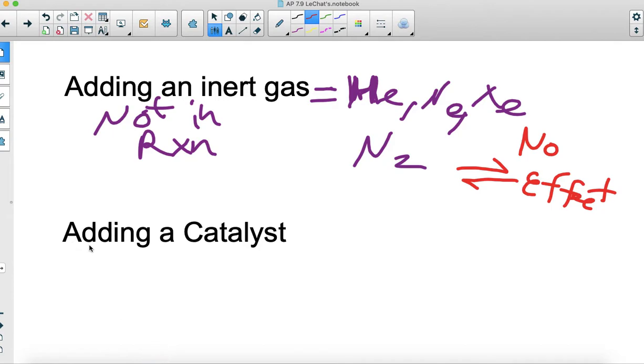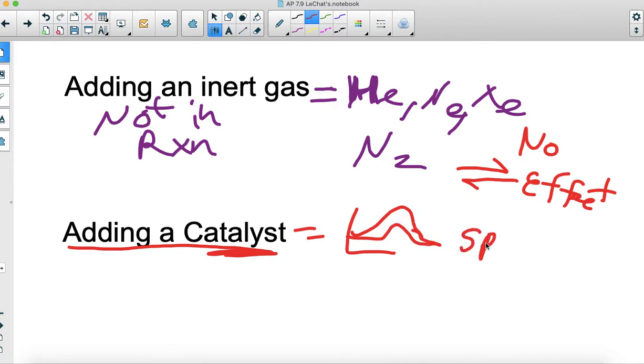The last possible way we can mess with something is to add a catalyst. You should hopefully now, by this point, know what a catalyst does. It lowers the activation energy from that to that. It does not change the level of energy of the products or reactants. It affects the speed. It makes things speed up by lowering the activation energy, but no effect on these sides of things.